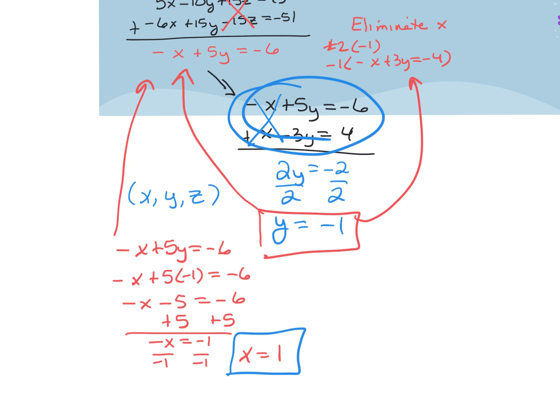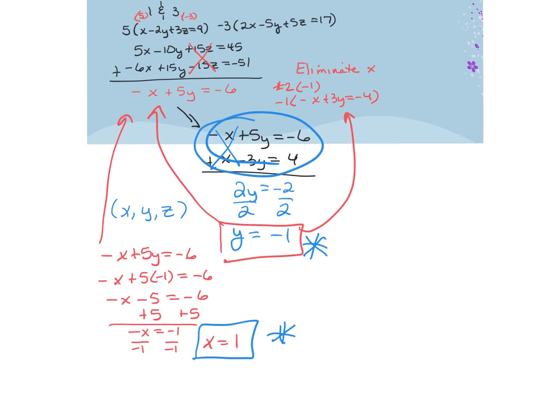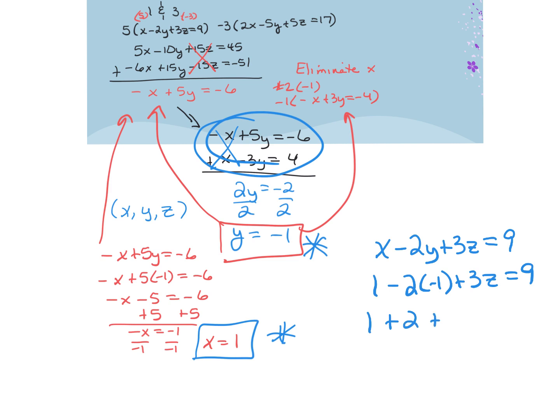Absolutely. Now I'm going to take both of these and go back to the beginning and plug them in to get the letter z. I'm going to go ahead and plug it into the first one. x minus 2y plus 3z equals 9. I'm replacing x with 1, y with negative 1. I don't know z. I'm going to multiply here. Combine my like terms.